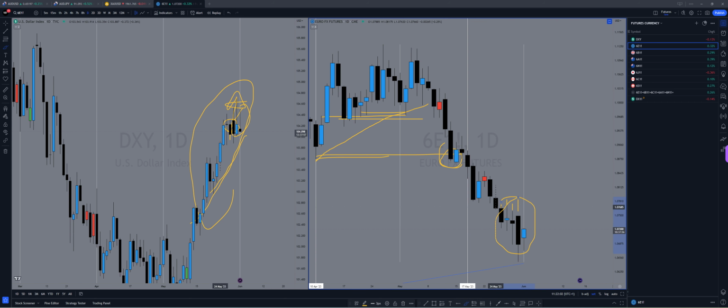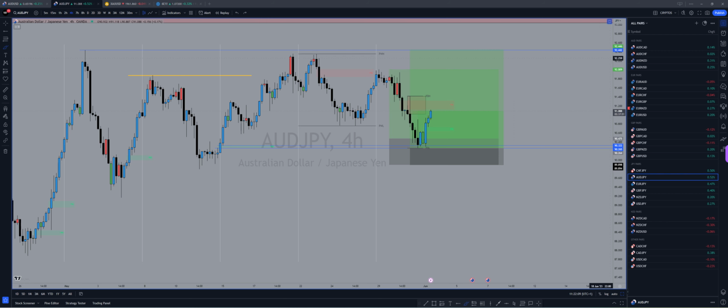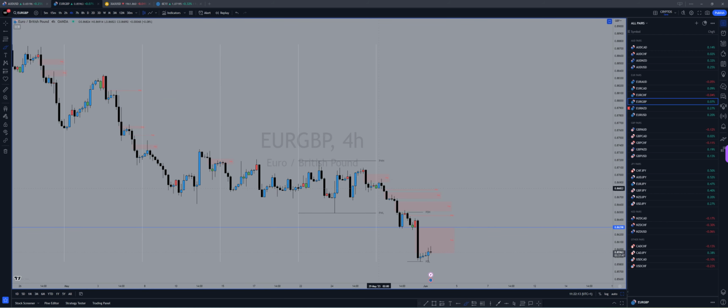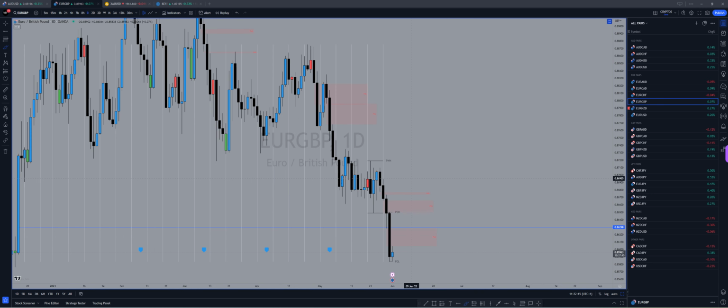Okay, so that gives you an idea that euro is weak and pound is strong. And if you go on to euro pound, you're going to see that for the last 4 days, if I go on to the daily, 1, 2, 3, 4, price has been dropping.